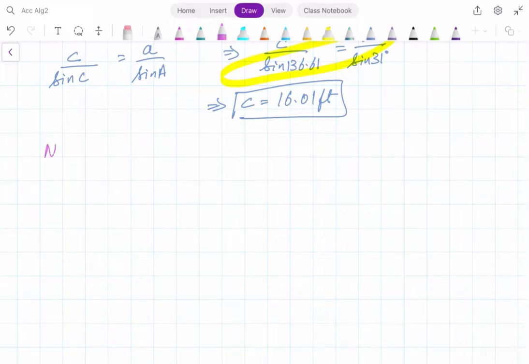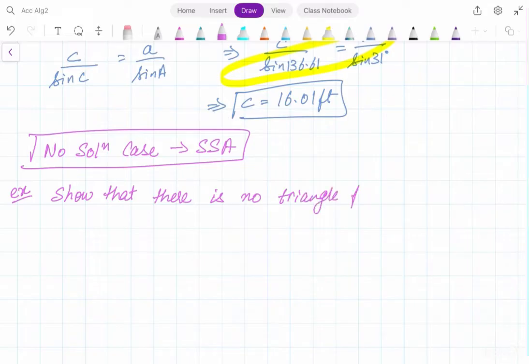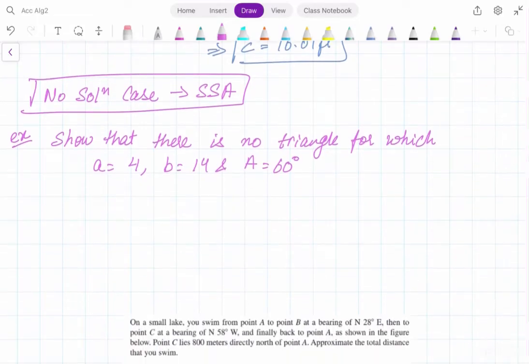Now let's take another case where it says no solution case, where I cannot form any triangle. So let's see. They said show that there is no triangle for which A is equal to 4, B is equal to 14, and angle A is 60.